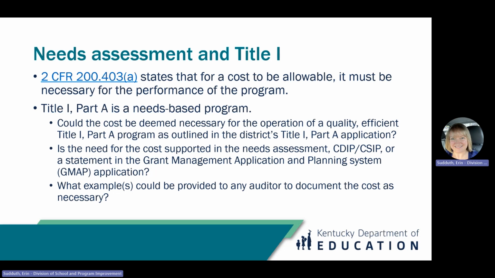Maybe materials that support reading instruction or software designed to increase literacy. Maybe professional development opportunities related to reading, etc. These aren't the only allowable expenditures, they're just a few examples. But we can see a clear connection there between the data, the identified need, and the expenditures.